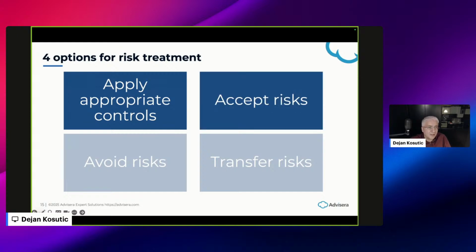The other way to handle risk is basically to accept it, right? But if you want to accept a high risk, then you need to do it according to very clear and strict criteria. And one of the criteria is that the potential damage is lower than what you have to invest in protection. So, for example, let's say that there is a high risk, and the potential damage of this risk is, let's say, $10,000.